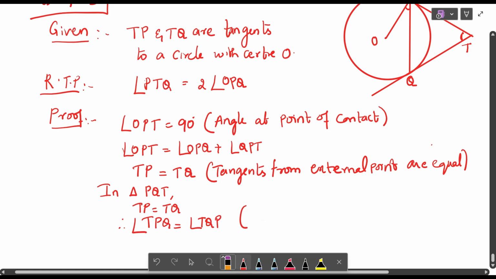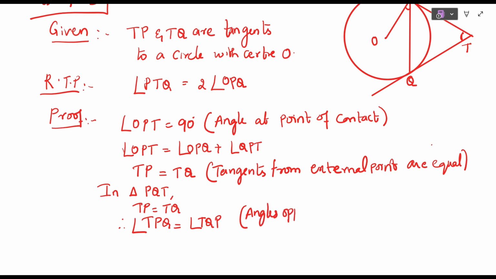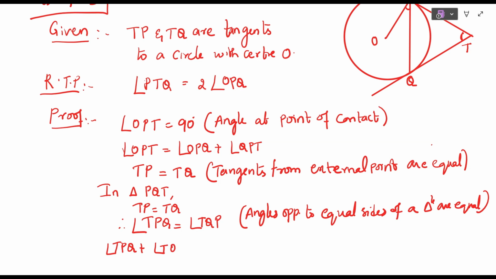What is the statement you can write here, students? Angles opposite to equal sides of a triangle are equal. Plus angle TQP plus angle PTQ is equal to 180 degrees, and this is nothing but our angle sum property. Understand, students?